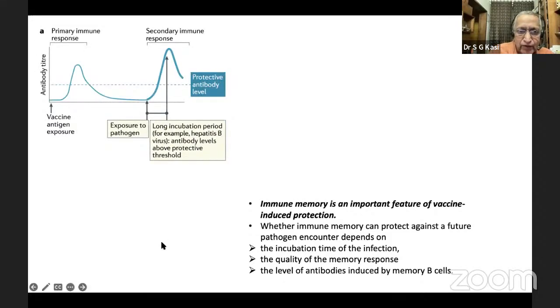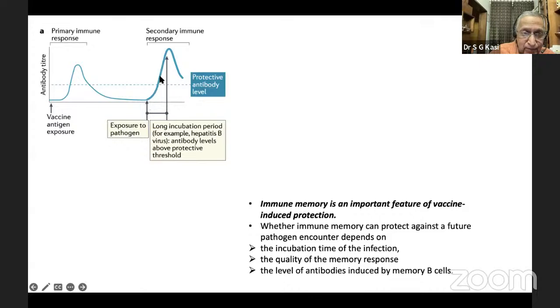Take the example of hepatitis B. It has a long incubation period, 4 to 6 weeks. Once there is exposure to the pathogen, in a vaccinated individual, his antibody titers have fallen very low. Once there's exposure, an anamnestic reaction occurs, which is a very rapid rise in antibody titers.